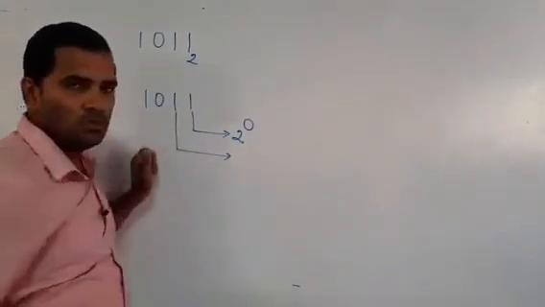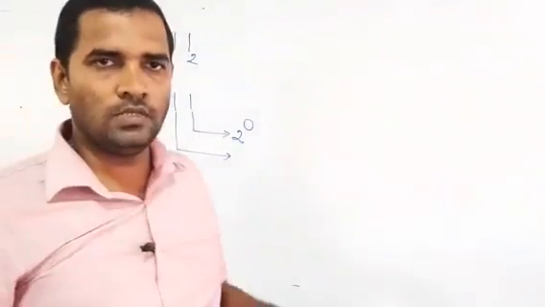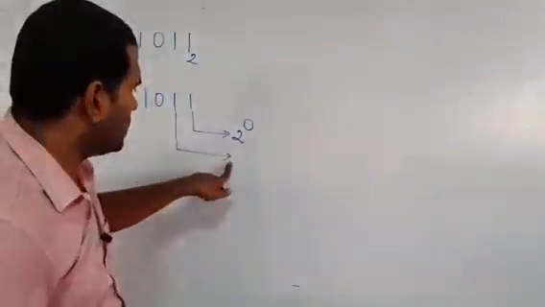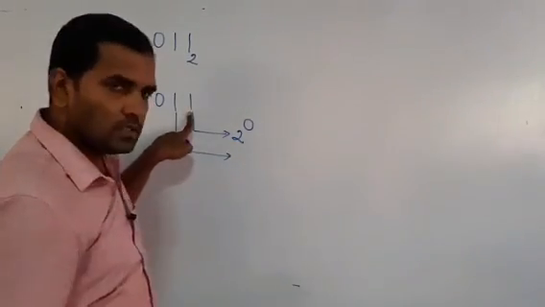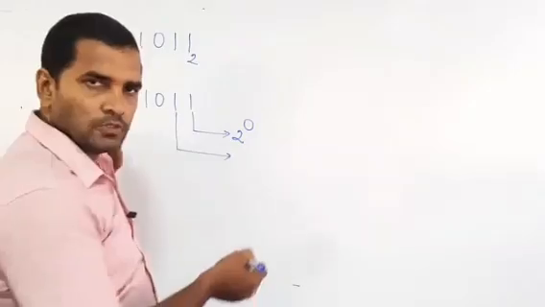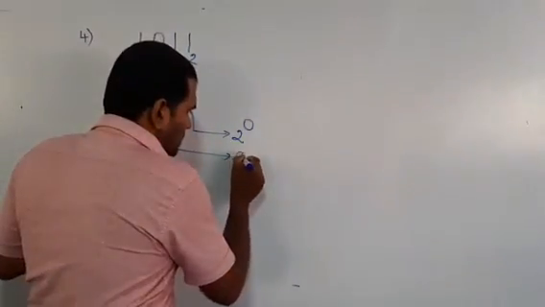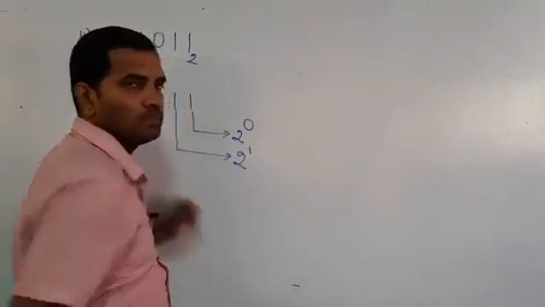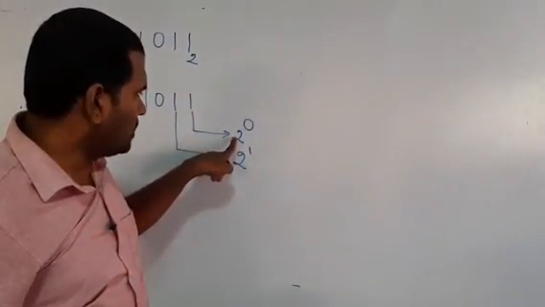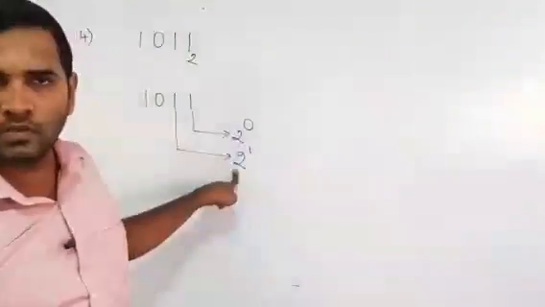Similarly, you write the position of the second digit. The first digit is in the 0 position, so the second must be in the first position, which I can write as 2 to the power 1, because we keep 2 here as it's a binary number.